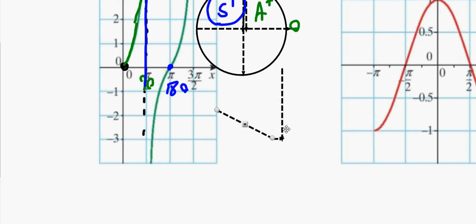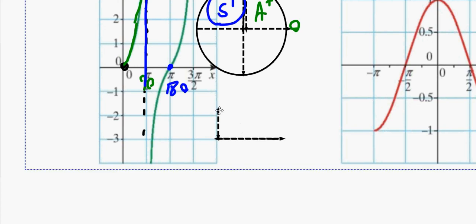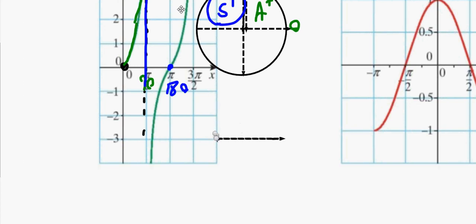What actually happens here is that the adjacent is really long, but the opposite, which is this line here, eventually flattens. If the opposite side is completely flat, what does that mean? Tan is opposite over adjacent. If the opposite is 0, and it doesn't matter what size the adjacent is, what's tan 180 going to be? 0. Exactly. That's how you see it there.